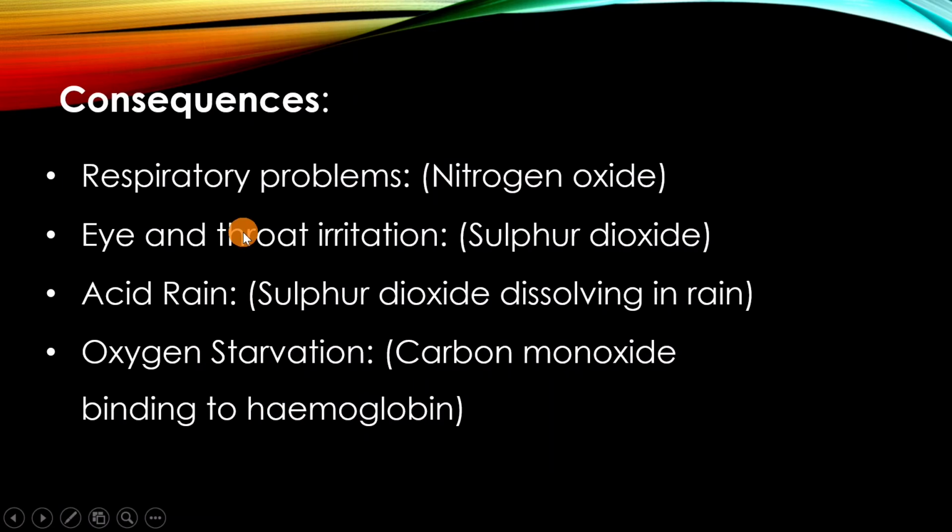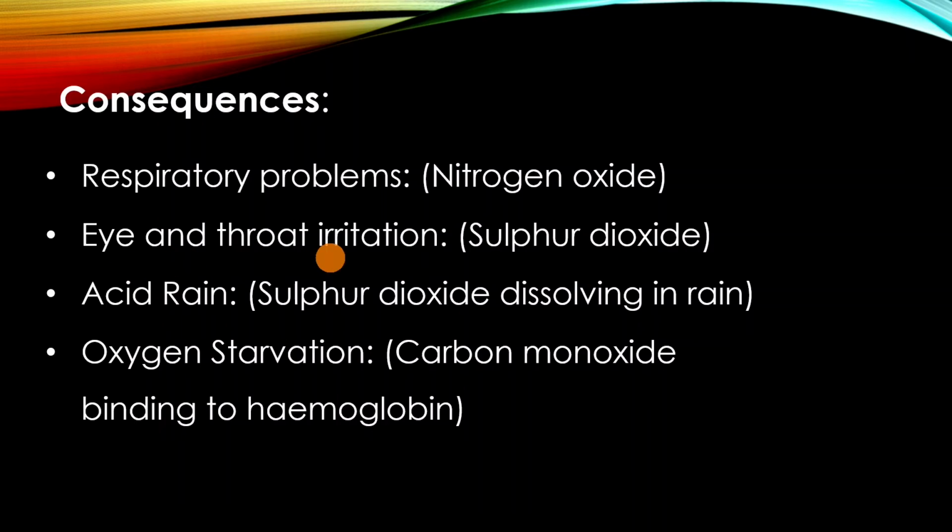Now, what are the consequences? The consequences are respiratory problems, like with nitrogen oxide. When one breathes in nitrogen oxide, they'll have respiratory problems. Then we have also eye and throat irritation. If someone breathes in sulfur dioxide, it brings eye and throat irritation.